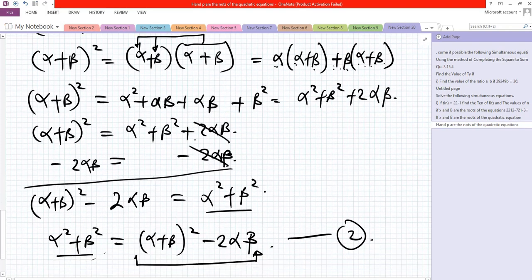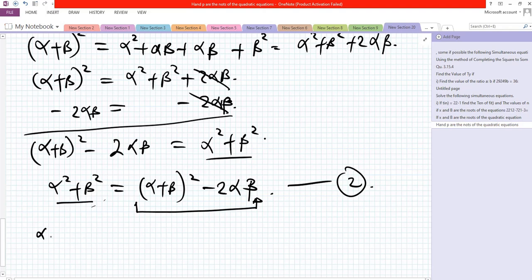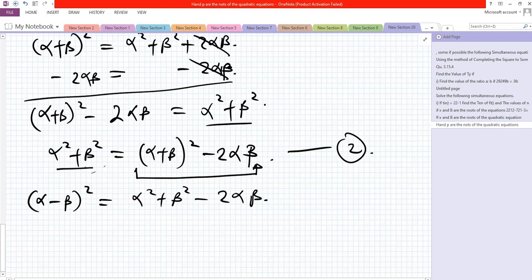Let me write equation 1. Equation 1 is alpha minus beta all squared equal to alpha squared plus beta squared minus 2 alpha beta. Now if we substitute this for this, that means whenever we see this expression, we replace it with this value. So we're going to change this value to this value here.